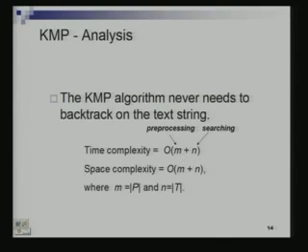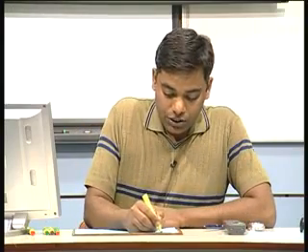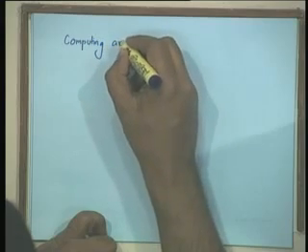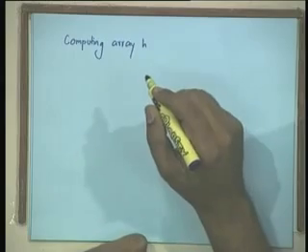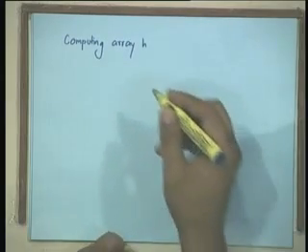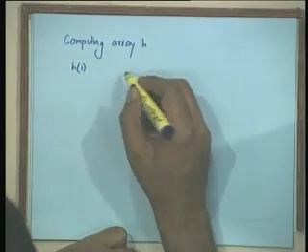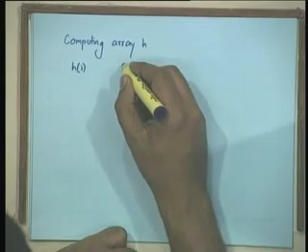So we have to compute array H. What was our definition of array H? Suppose I have to compute H of I. Look at my pattern. I have a certain pattern.